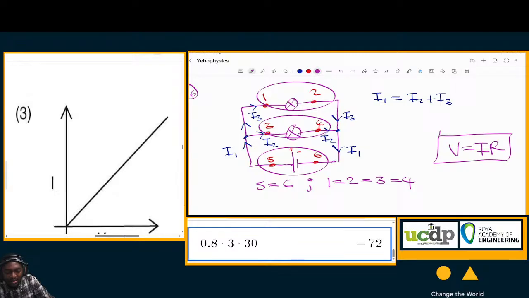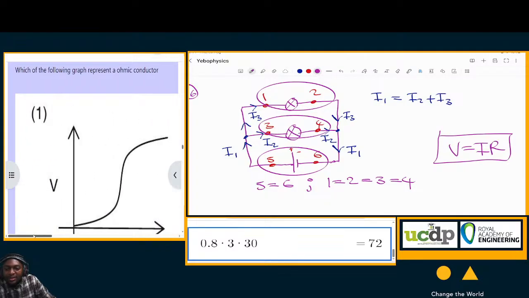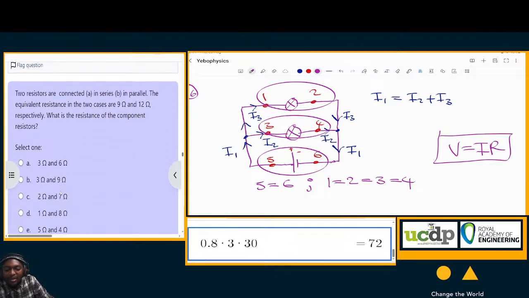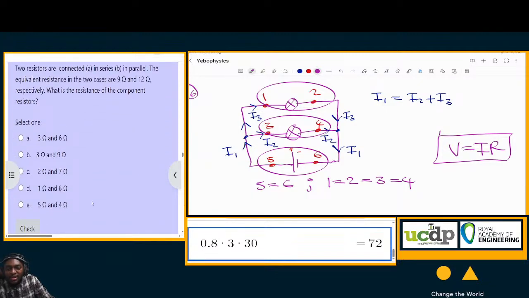You can see it's cutting at the origin. So I'll leave this to you as well. You can then follow up and look. And the last question we would work out together is on resistance. I'm already showing the question, so you can have a look at it.